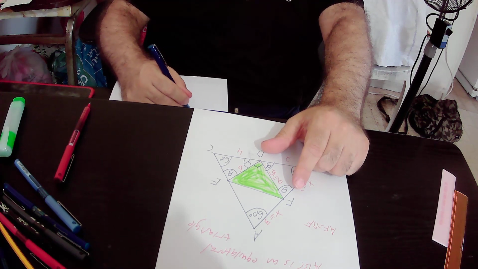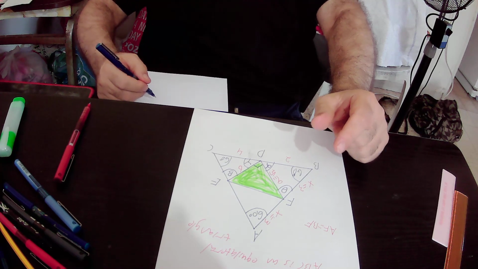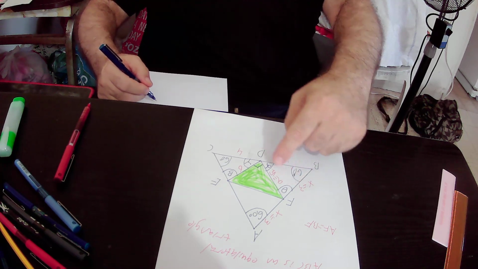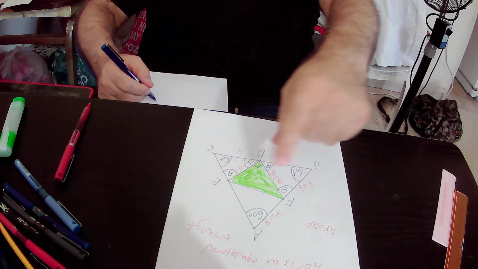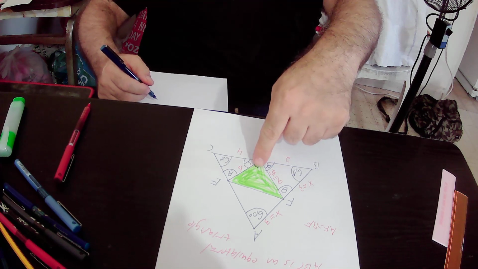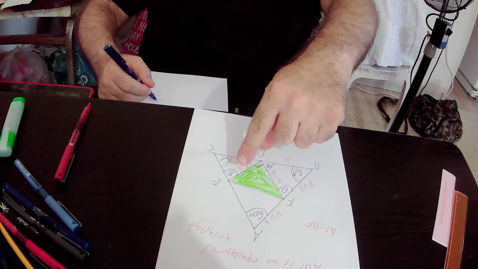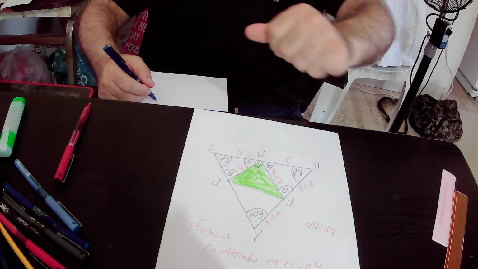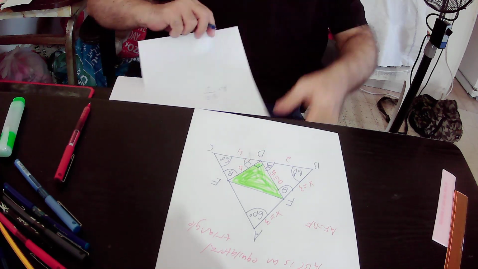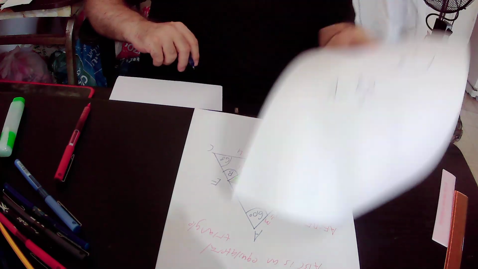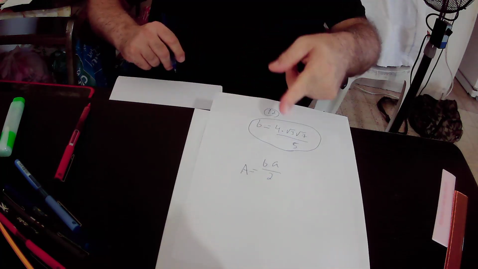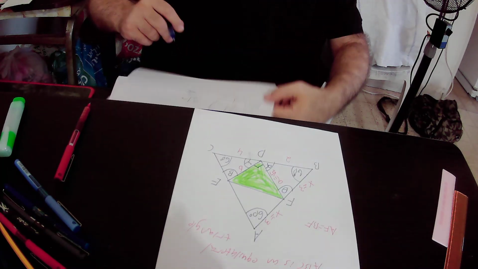The height must create 90 degrees with the base, and here this angle is 90 degrees, so the height creates 90 degrees with the base, that is b. So the area of the green triangle equals b times a over 2.